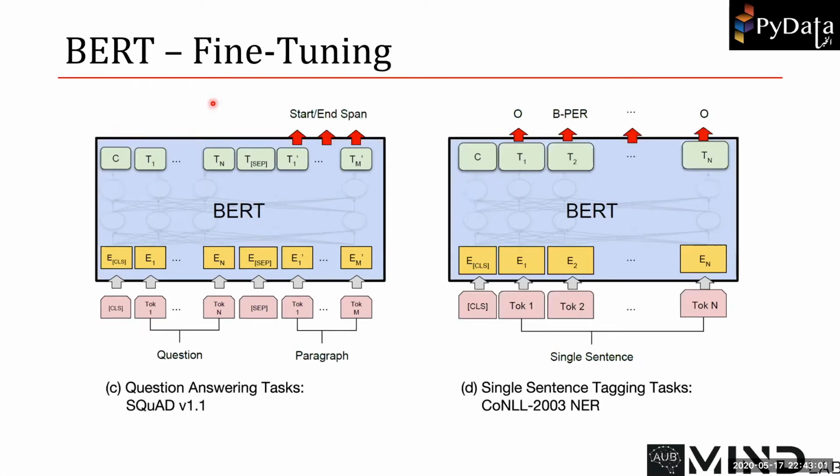If you want to do question answering, again, we feed the input question as the first sentence, and the paragraph as the second passage, or as the paragraph where we have the answer. And the model will have to predict which was the first token of the answer and which is the last token of the answer. So it tries to predict a span of the answer.